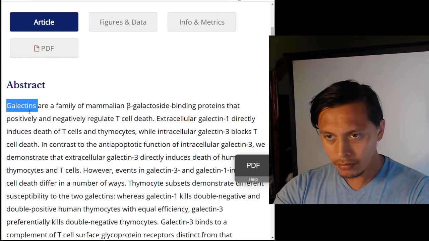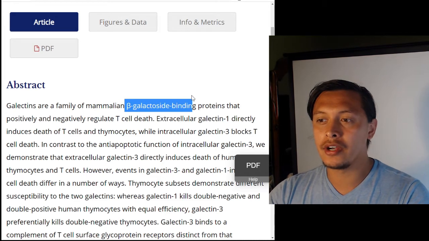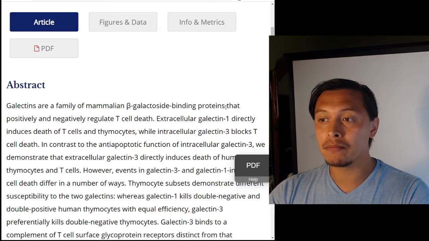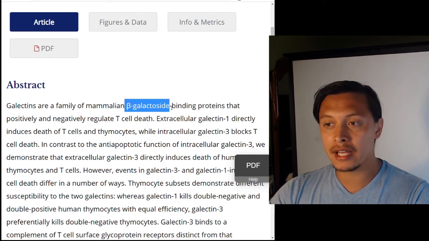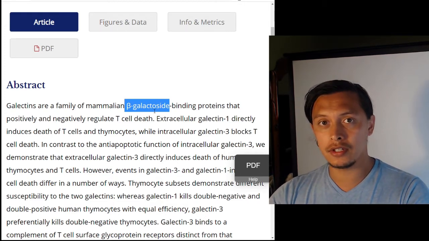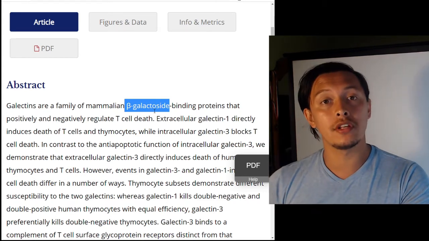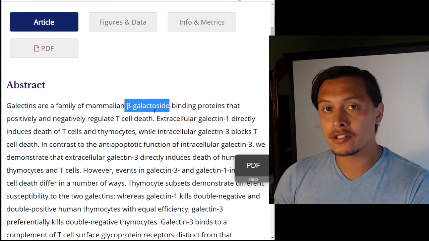So galectins are a family of mammalian beta-galactoside binding proteins. So what is a beta-galactoside? Galactose, if you have drunk milk before, is one of the subunits of the lactose molecule.